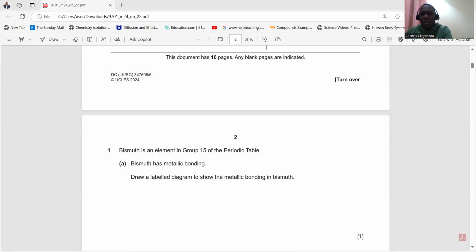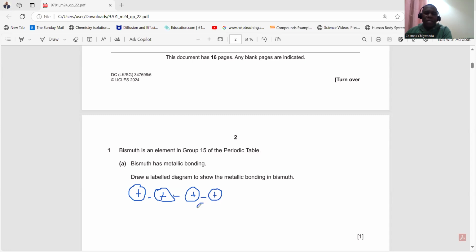So how would you actually draw the diagram? I can draw something which will be acceptable in the examination here. You will need to draw your circles like these. These ones are going to show your positive ions. I'm drawing it on the PC, so the circles might not come out very good. So these are your positive ions, and then you have these mobile electrons which don't belong to any particular position.